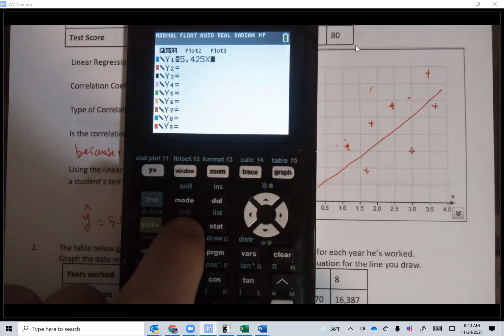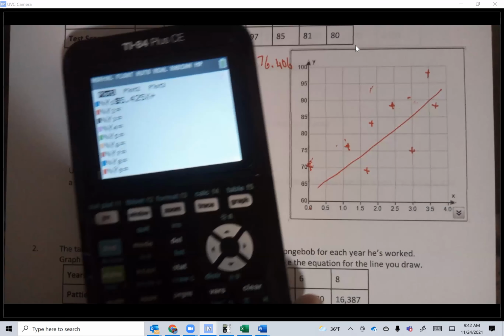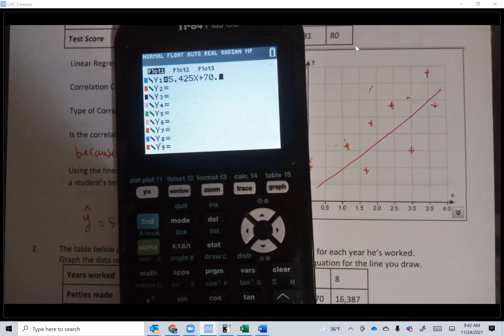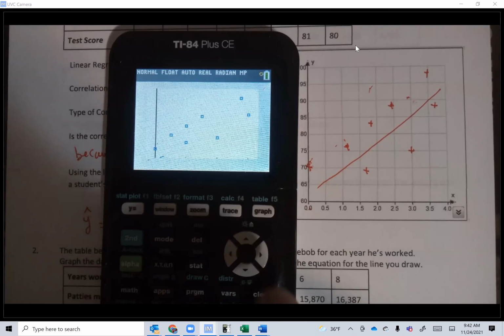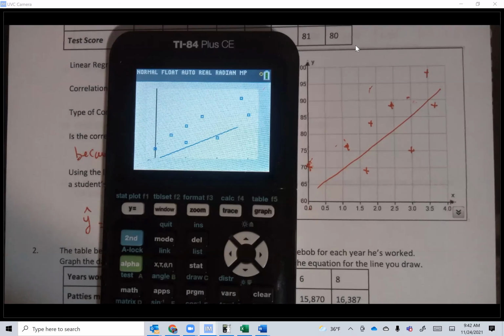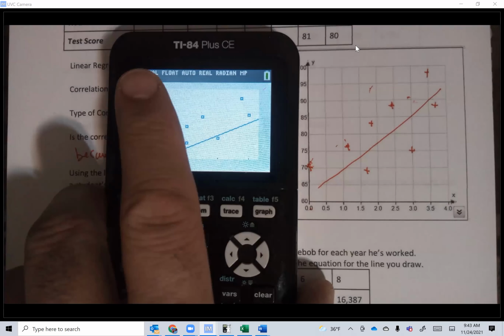Plus 70.406. Okay, and now hit graph, guys, right here. That's the equation of the line of best fit.